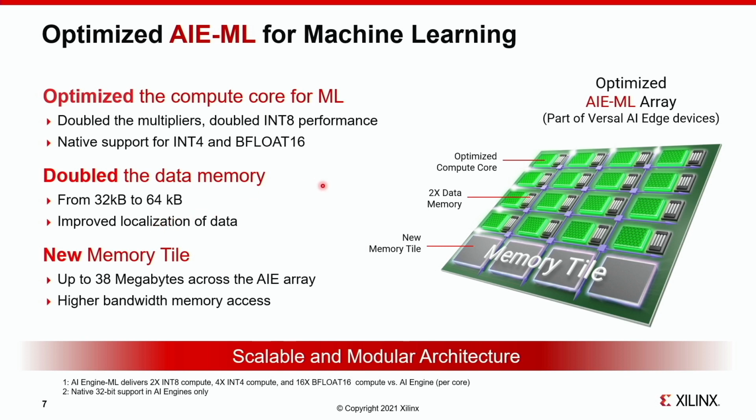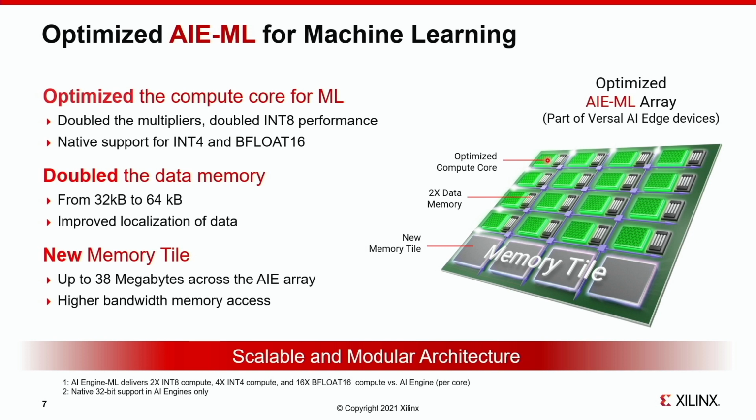In this architecture, we keep the same macro level architecture where we have a two-dimensional array of tiles, and all of these tiles are interconnected through a high bandwidth streaming interconnect. I'll cover the details of the tiles and the internal structure and interfaces in the following slides.